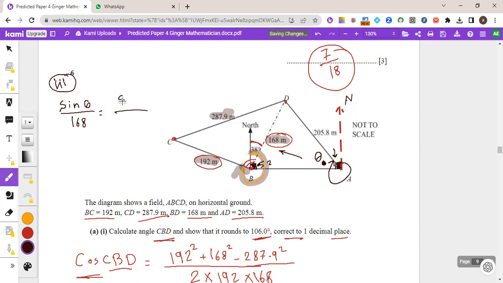So sine 52 over this part, 205.8. Then cross multiply, so theta is sine inverse for this one.